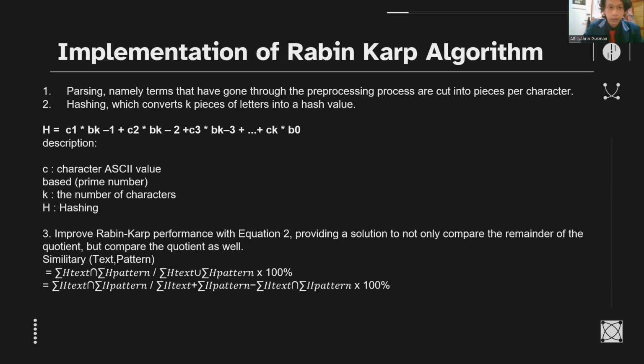For the first part of this chapter, I will explain the implementation of the Rabin Karp algorithm. So this is the method of the Rabin Karp algorithm. First, there is parsing, namely terms that have gone through the pre-processing process are cut into pieces per character, using the k-gram method.